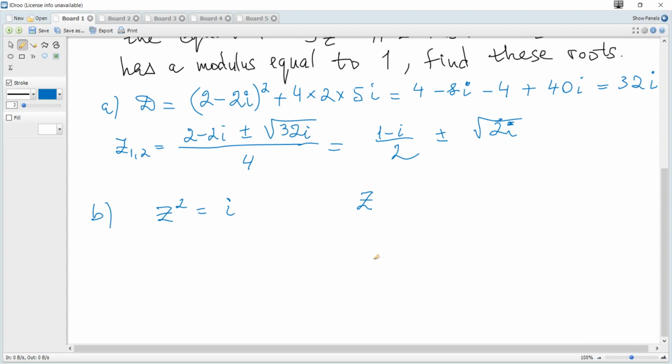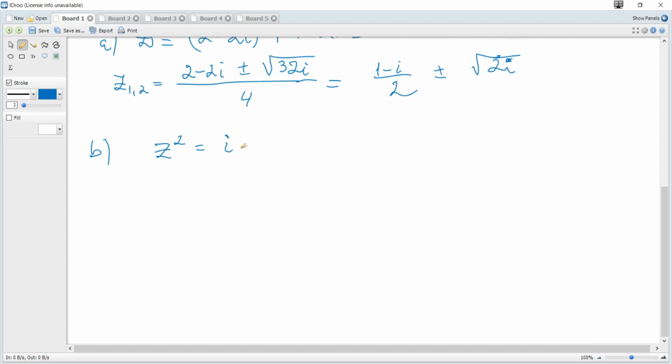And how to solve such equations? The first step is that this complex number should be rewritten in Euler's form. And what is i? It's at distance from the origin 1, so the modulus is 1, and the argument angle is what? 90 degrees, or pi over 2, so it becomes 1 e to the power i pi over 2.